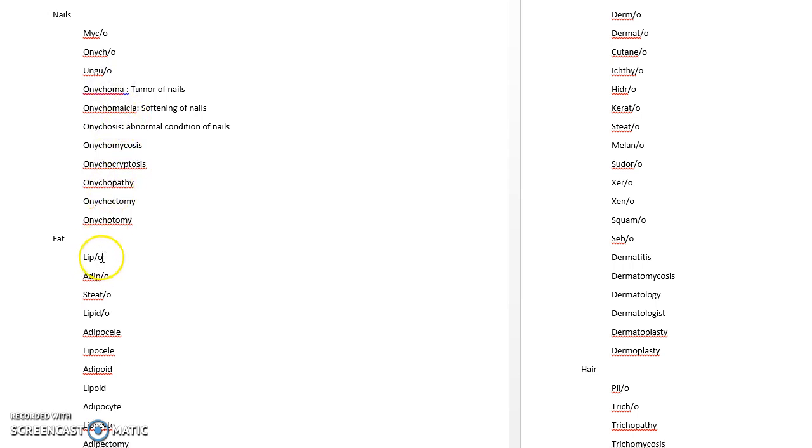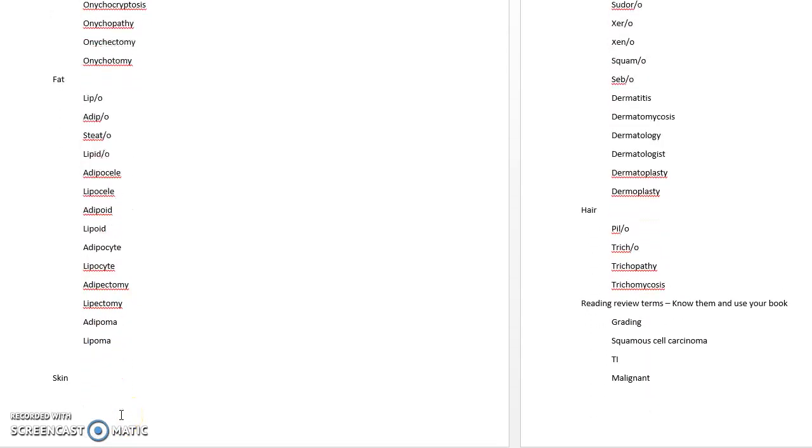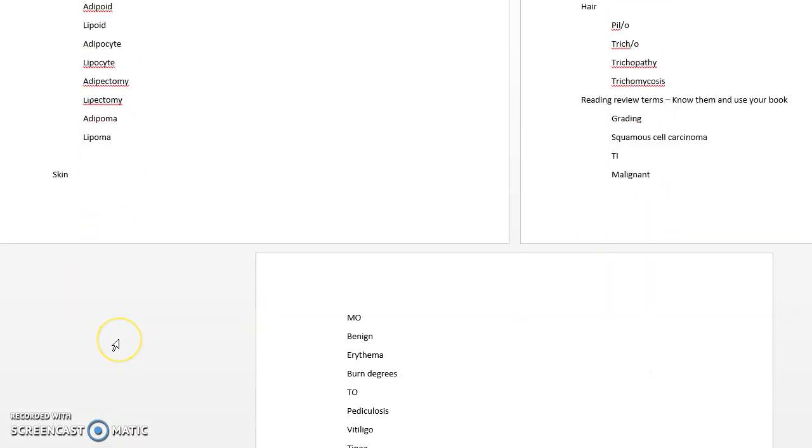So this is lipo, adipose, steato, lipido, adipocele, lipocele, adipoid, lipoid, adipocyte, lipocyte, adipectomy, lipectomy, adipoma, lipoma.